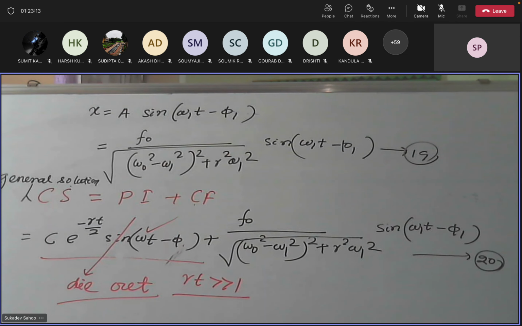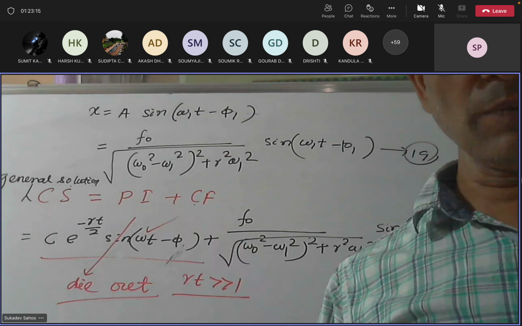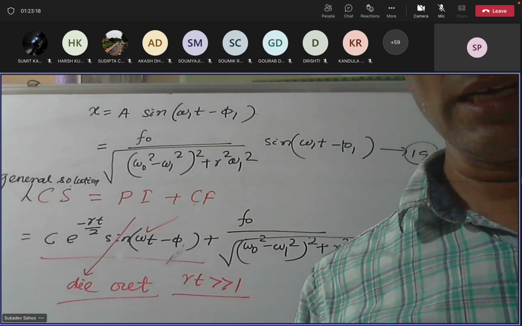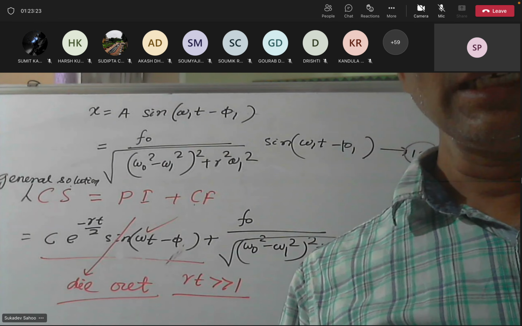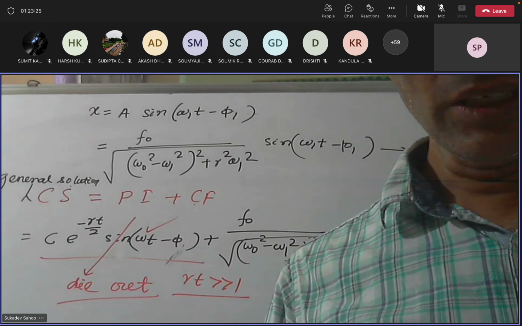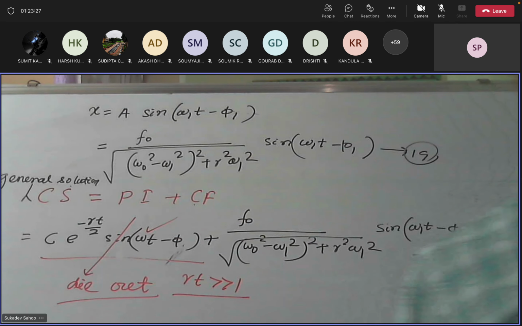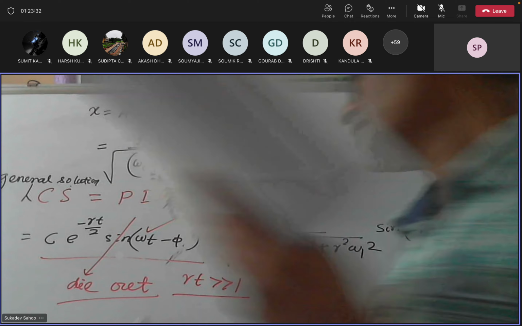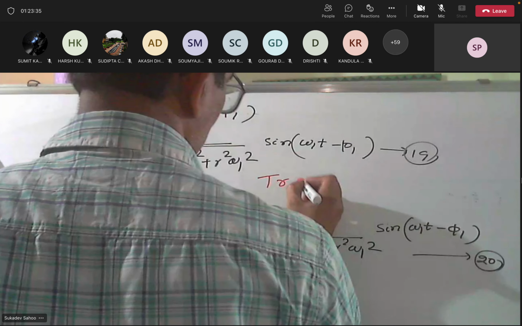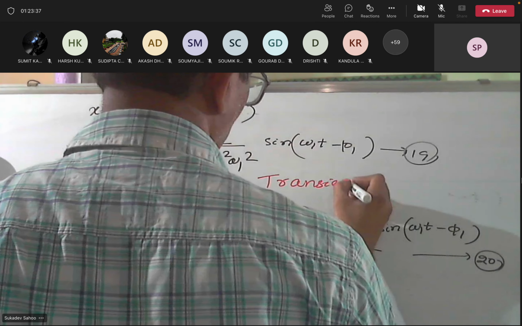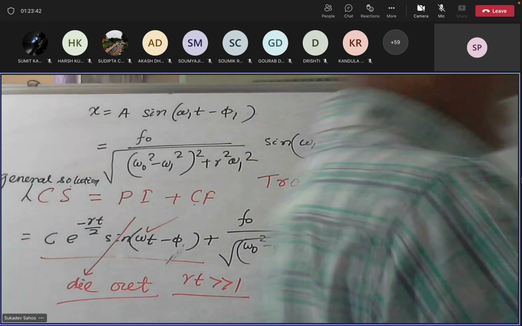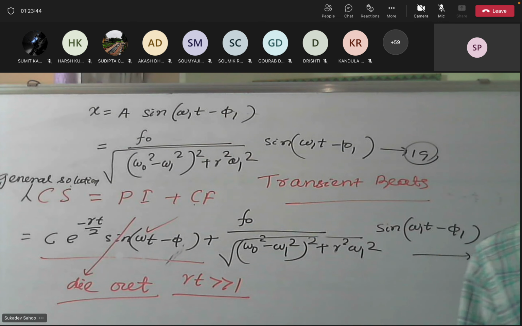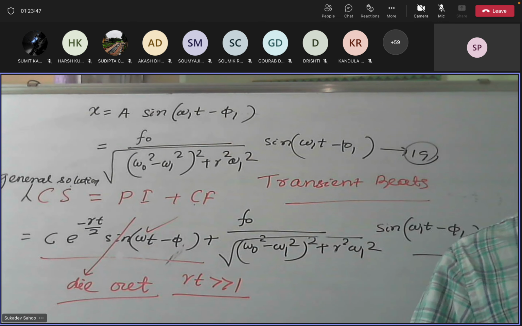When the driving angular frequency omega 1 and natural damped angular frequency omega 0 are nearly equal, their superposition will produce beats as long as the transient persists. Such beats are known as transient beats, and they will persist till the transient state.